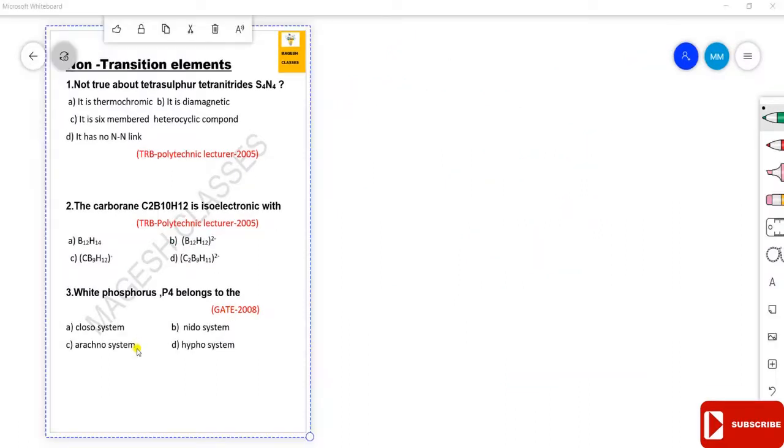The third question: white phosphorus P4 belongs to the closo system, nido system, or arachno system.